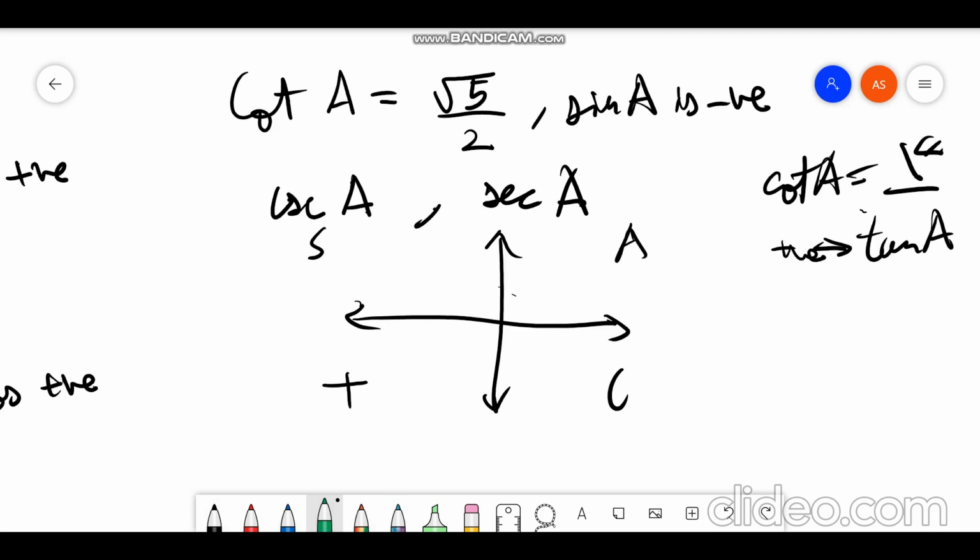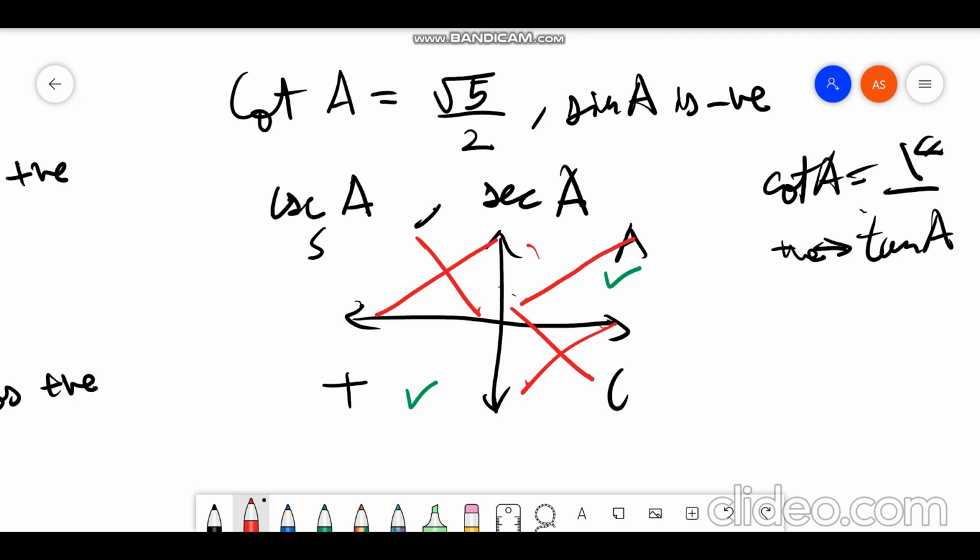over here and here, but not here and here, so we can cancel these out. Next, sine A is negative. Let's see where sine A is positive first. Sine A is positive over here.